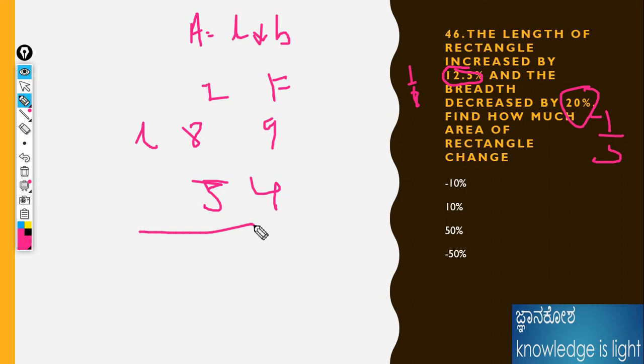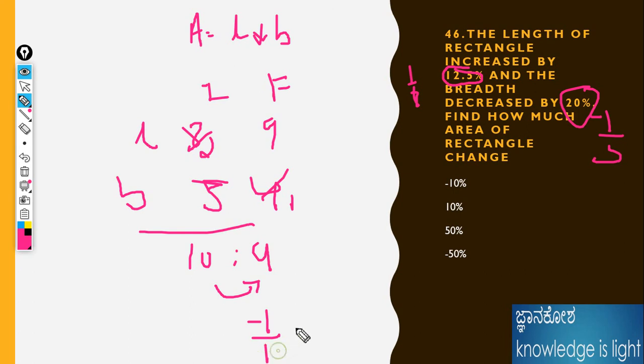Before that we are doing the same area because here we need to find how much the area changes. The breadth is 4 on 5, therefore 5 to 10 and 9 on 9 from 8. How much is it changing from the initial position? Minus 1 unit is changed because the area is decreased. That's why it is coming as minus 1 divided by 10 into 100, that is minus 10% is the answer for this question.